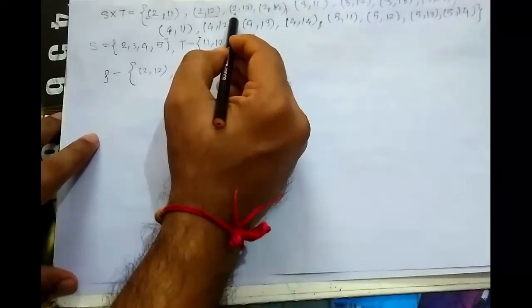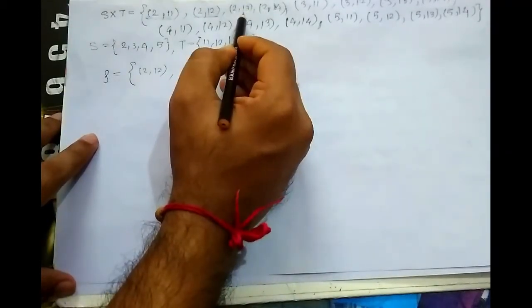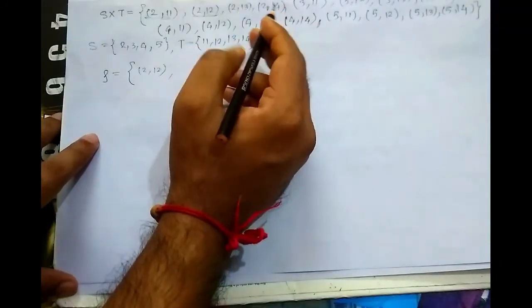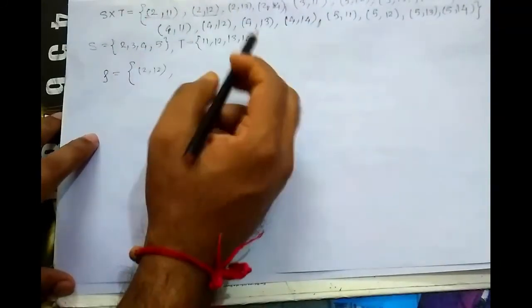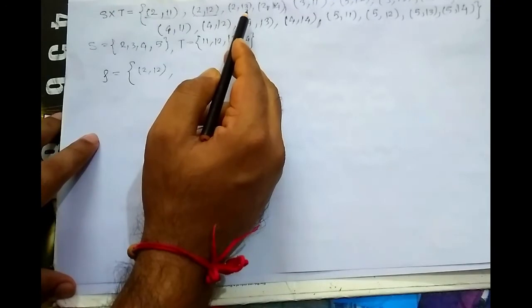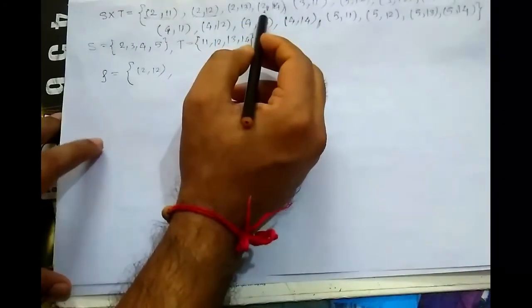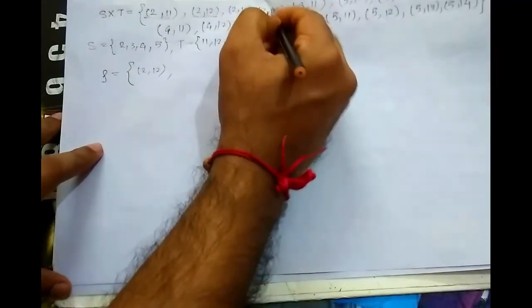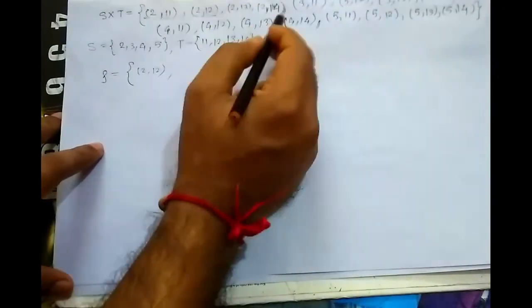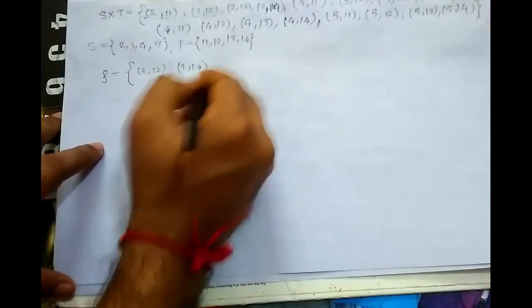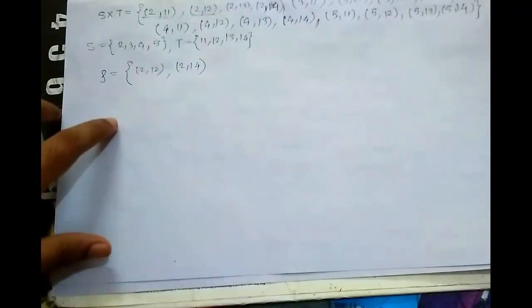Now 2 is not a divisor of 13, so (2, 13) does not belong to rho. See, (2, 14): here 2 is a divisor of 14, so (2, 14) belongs to rho.